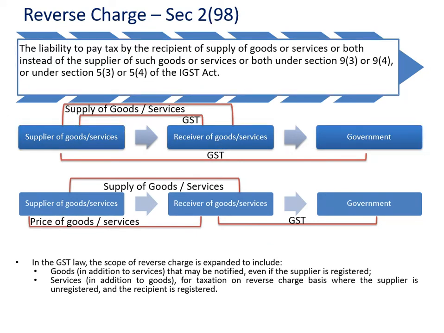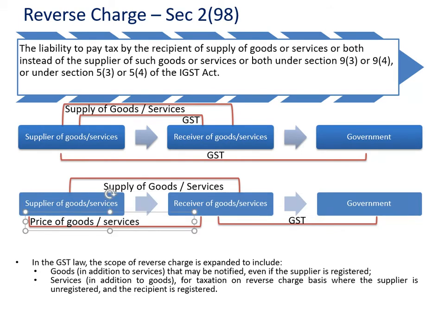This is the general procedure that we follow: the supplier of goods and services provides supply to the receiver, and then the supplier pays tax towards the account of the government. This is the general mechanism. In reverse charge mechanism, the supplier of goods and services supplies the goods and services to the receiver. Receiver pays price of goods and services.